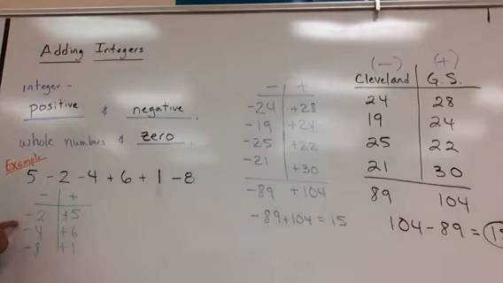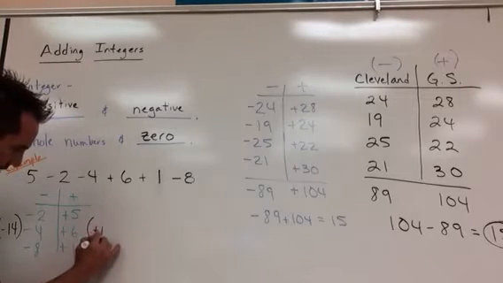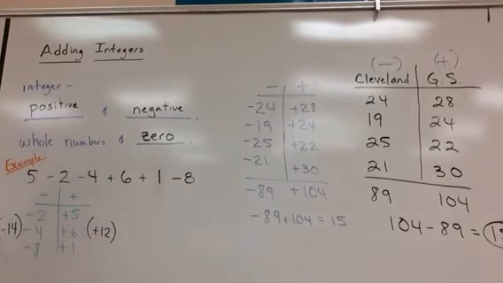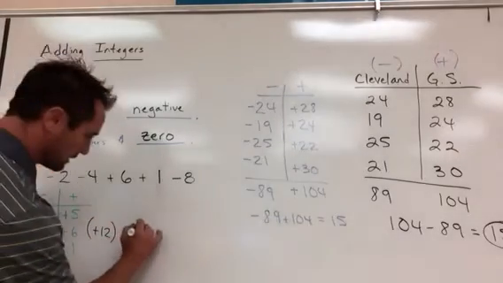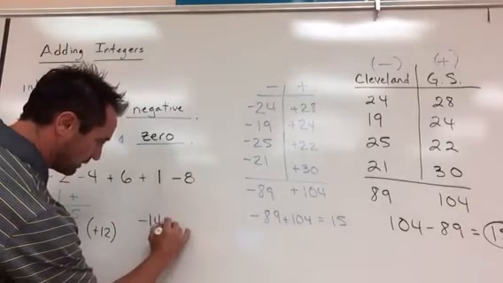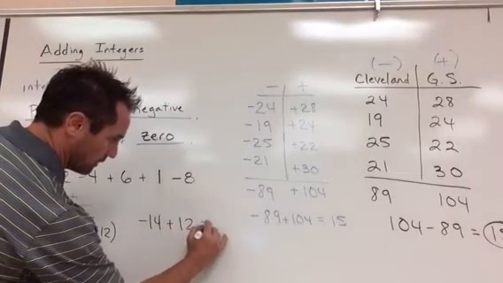All right. Now, we have negative 2, negative 4, and negative 8. How many points did the negatives score? The negatives scored 14 points. We have positive 5, positive 6, positive 1. How many points did the positive score? The positive scored 12 points. So one way to write this is negative 14 plus 12.